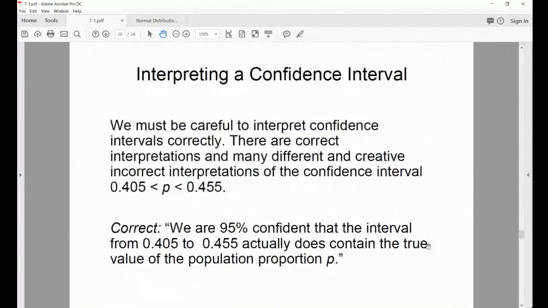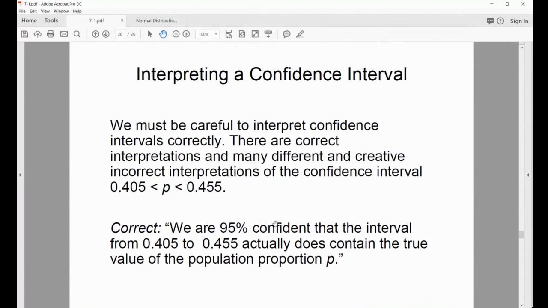So how do we interpret the confidence interval? We say that we are 95% confident that the interval from 0.405 to 0.455 actually does contain the true value of the population proportion. Now, this is one way to interpret. Another way is to use probabilities, because this 95% corresponds to a 0.95 probability.